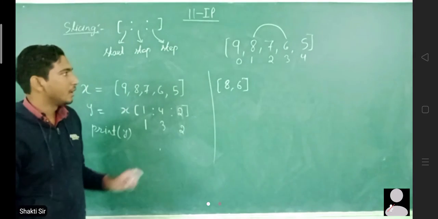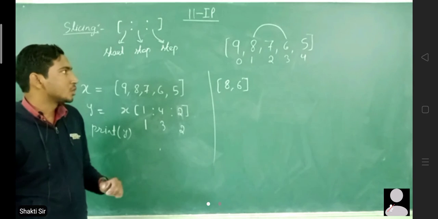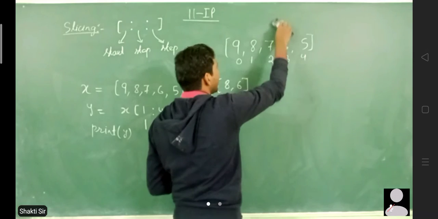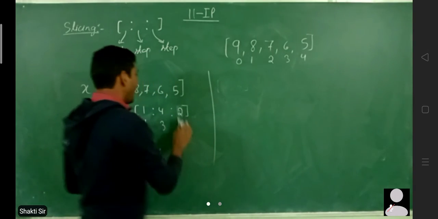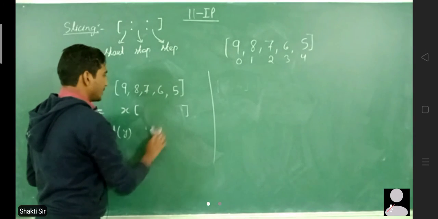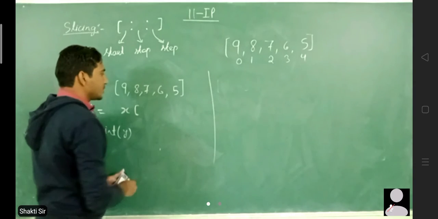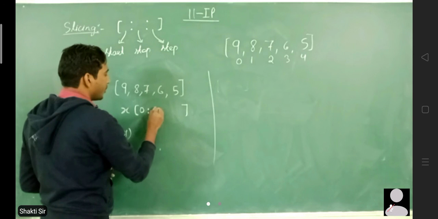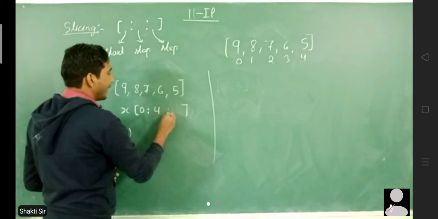Okay, clear? Yeah. So now let us try to solve one example. Suppose I write here 0 to 4, and then the step is 3.